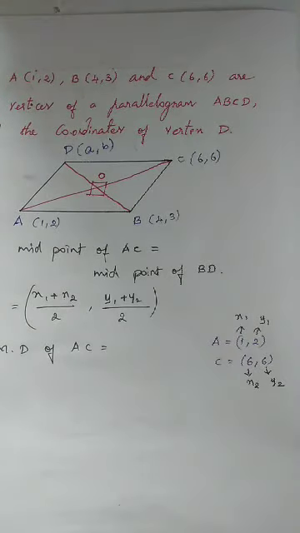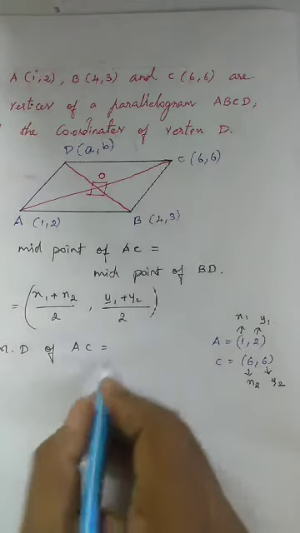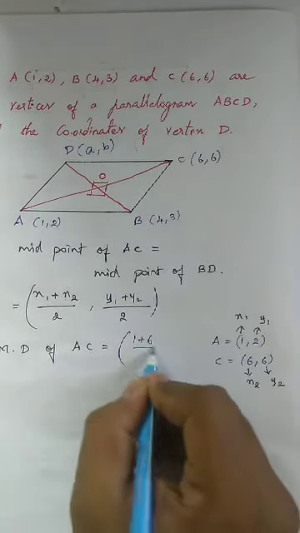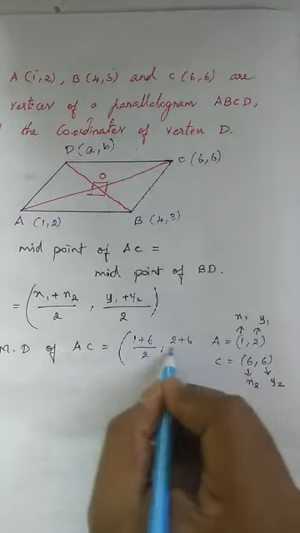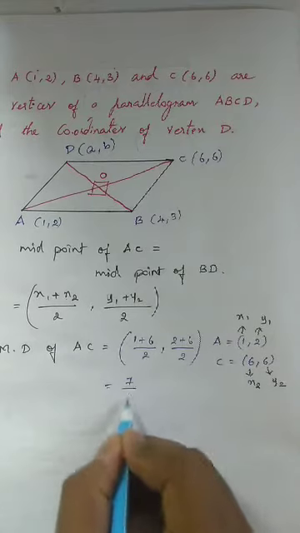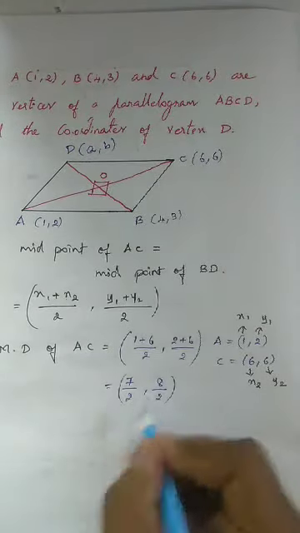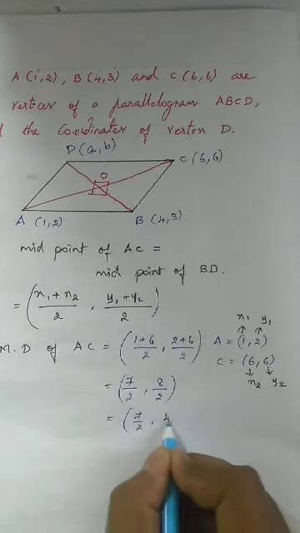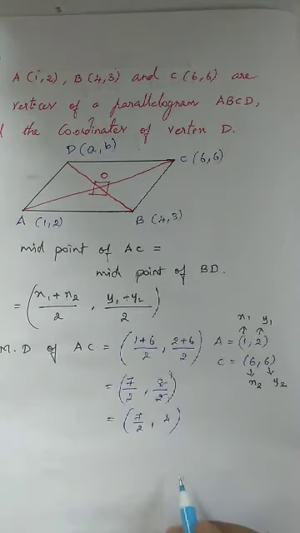Applying the midpoint formula, x1 plus x2 by 2: 1 plus 6 by 2 comma 2 plus 6 by 2. So 7 by 2 comma 8 by 2, which is 7 by 2 comma 4.